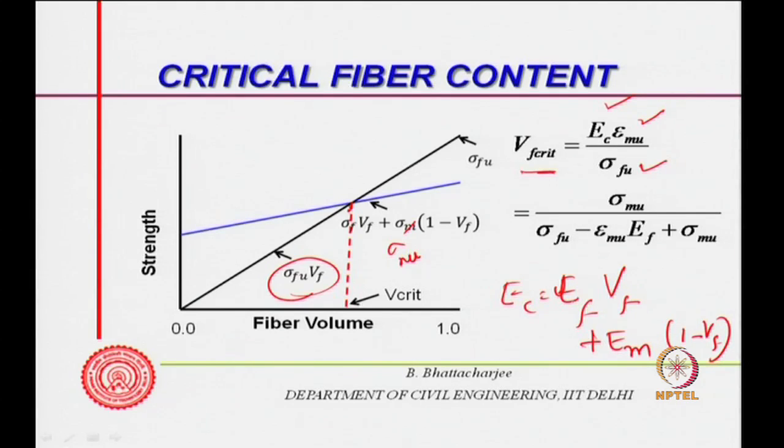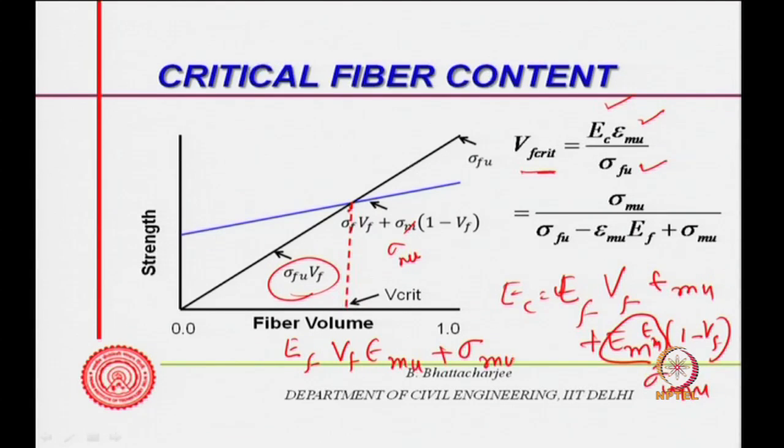So, you can write it in this manner, and epsilon mu multiplied here, all of them. Now, this gives you sigma mu. So, you will get a relationship of this kind: E f V f into epsilon mu plus sigma mu minus sigma mu into V f.